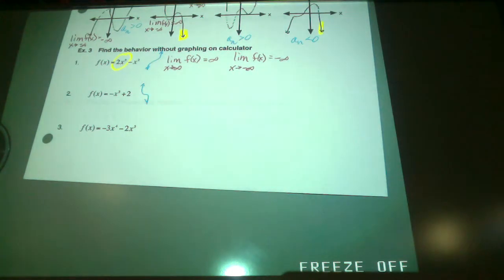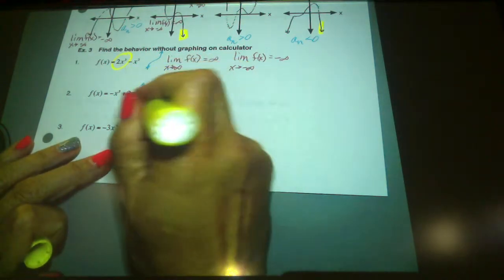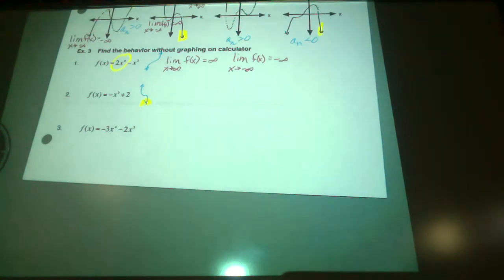Here's your sketch. Doesn't it look like that? So this time, your right-hand behavior should be going down. So now do your limit for this one, and we'll check it before you do number 3's limits. Do your right-hand limit first, and then your left-hand limit.